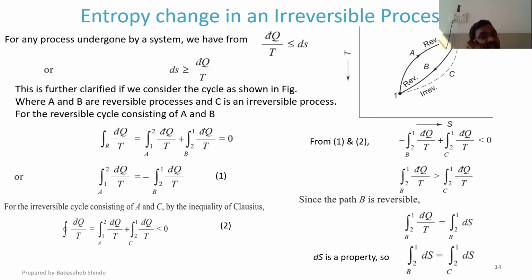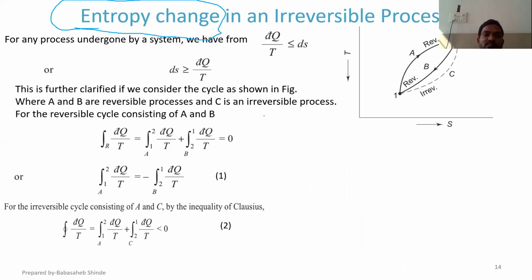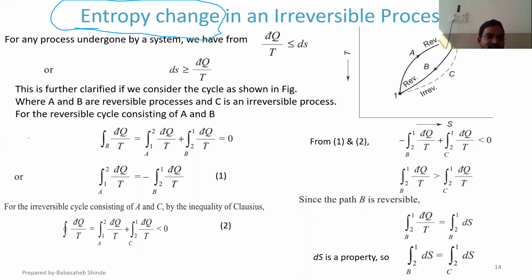Now for an irreversible process, if you try to write the entropy change, what relation is going to be there? Actually, we have proved this one in the Clausius inequality, that the cyclic integral of dq by t is less than or equal to 0 for any process, whether it is reversible or irreversible.